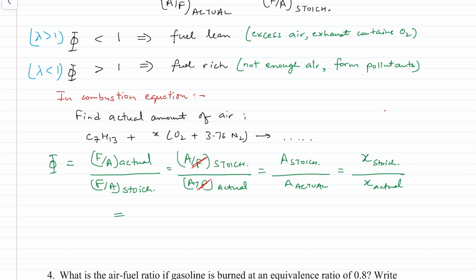If you want to find X actual, usually that's what we are looking for, X actual is X stoichiometric divided by the equivalence ratio phi.